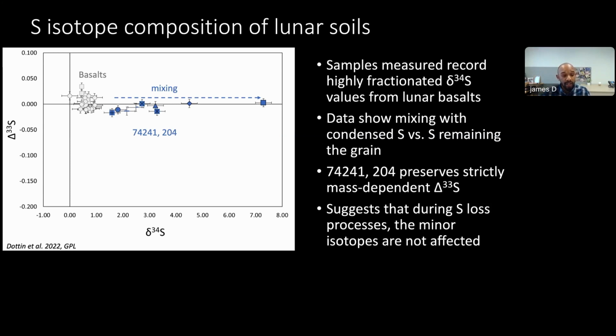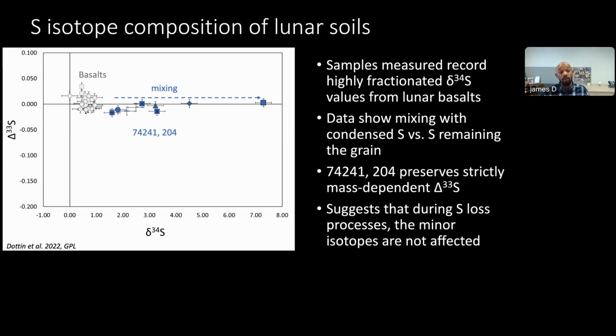And so that would be a much larger implication for other systems, such as volcanic degassing on Earth, where we're measuring small cap delta 33S variations, looking for crustal recycling, and also seeing processes of sulfur degassing in that system.